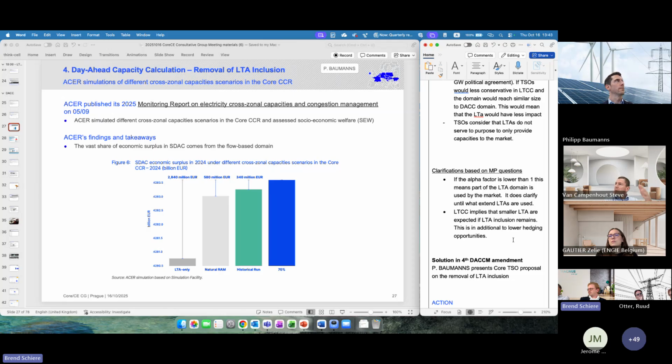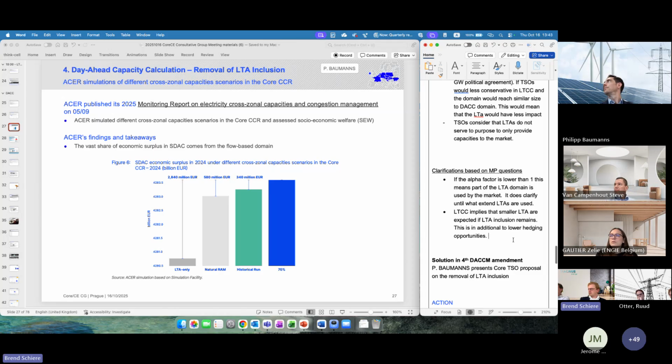And so the long-term flow-based domain capacities were seen as, or are seen as, a stabilizing factor. And also coming from the regulatory side, like proposed measures to increase the flow-based domain. So that is then again the starting point that we are in.